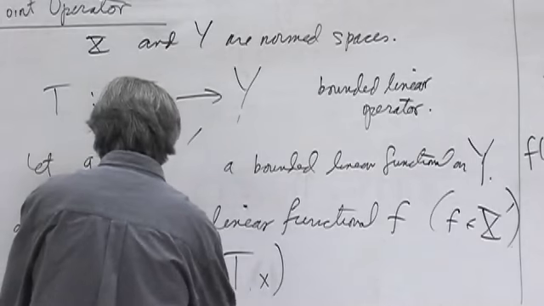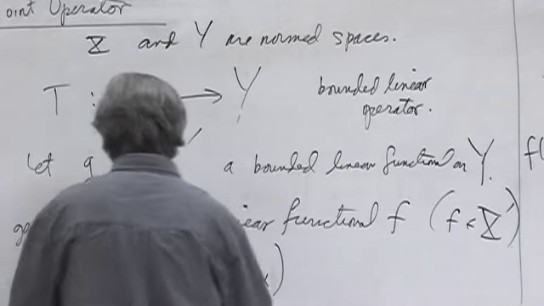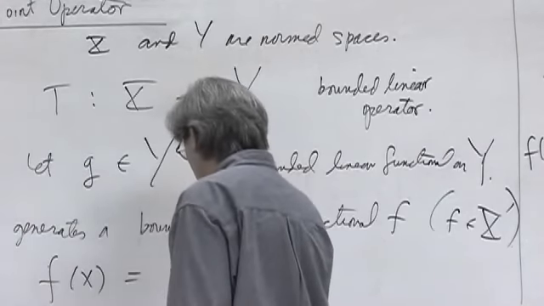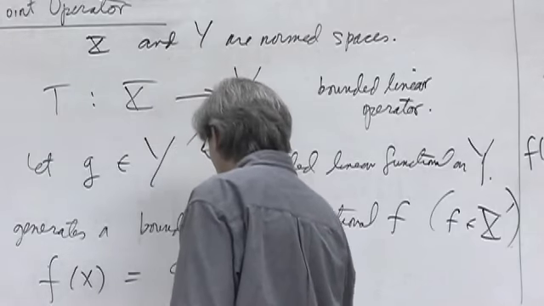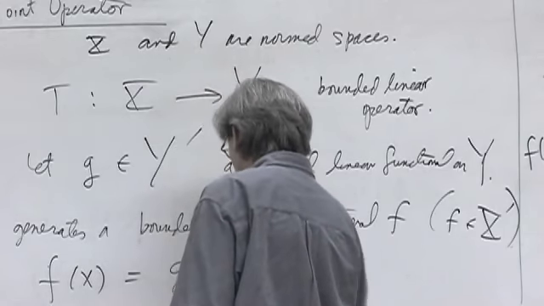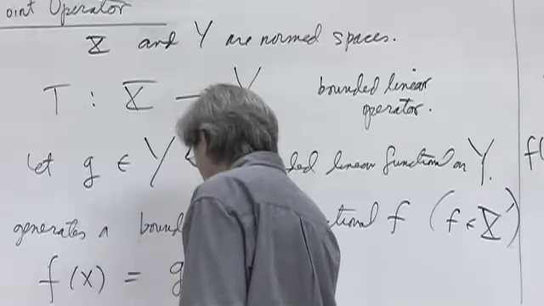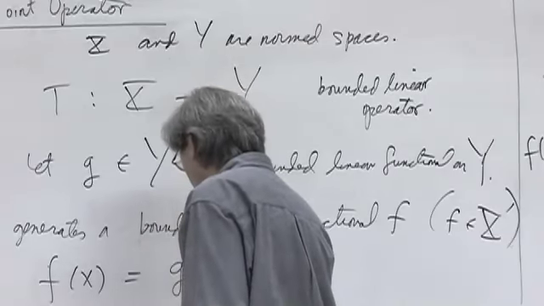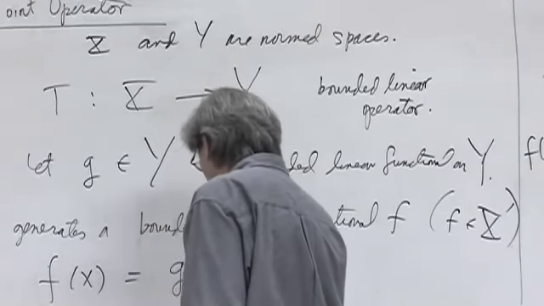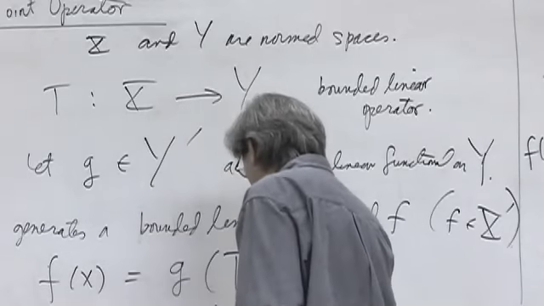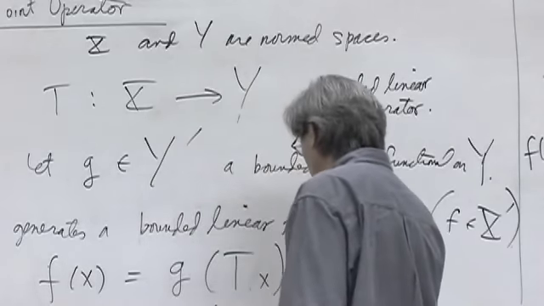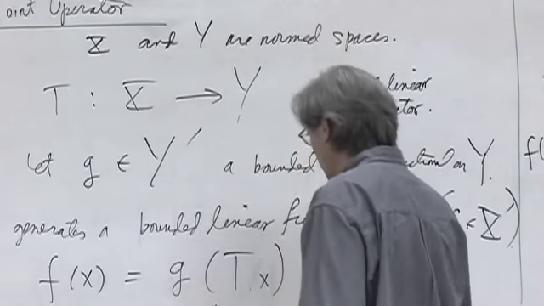Is equal to the supremum of G of Tx, X unequal to 0, divided by the norm of X, which is less than or equal to what?